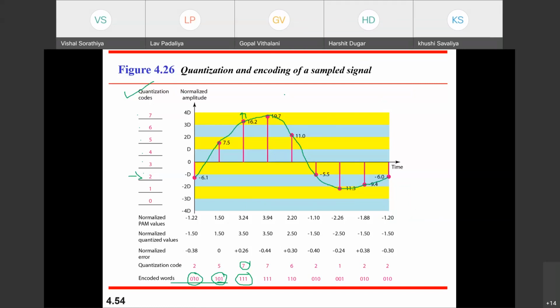Somebody give me the answer please. यहाँ पे अगर मैं 3 बीट में प्रेजेंट कर रहा हूं तो यहाँ पे मेरे पास 8 क्वांटाइजेशन लेवल है. अगर मैं यहाँ पे 4 बीट में डिसाइड करता तो कितने क्वांटाइजेशन लेवल हो गए?